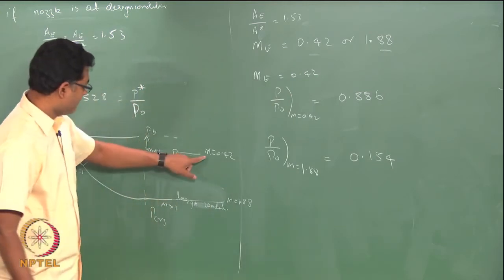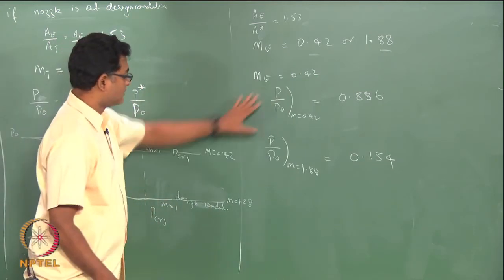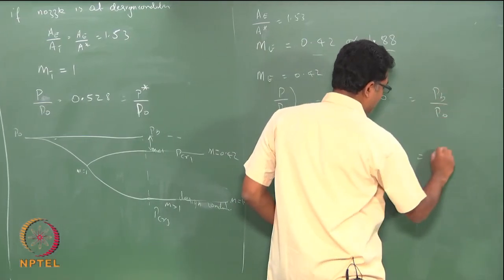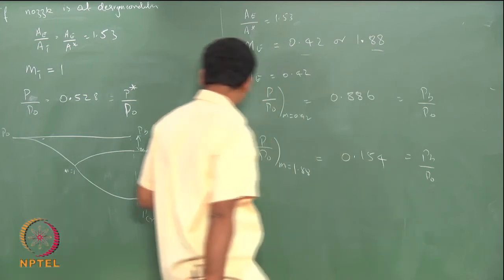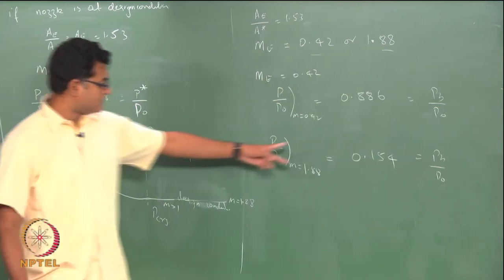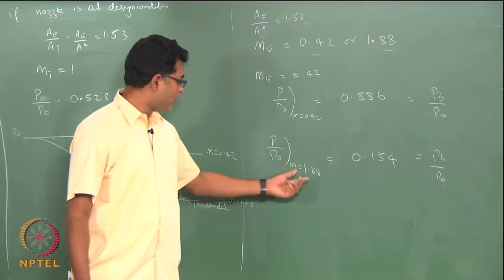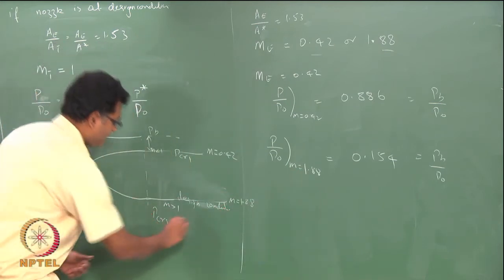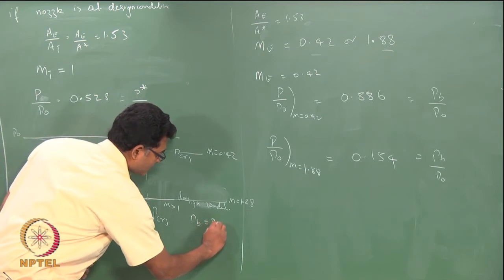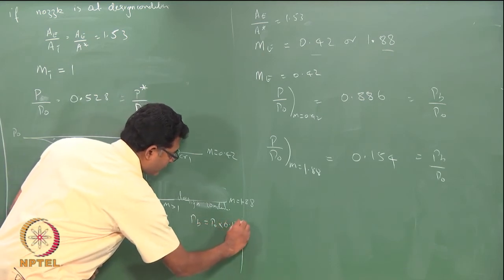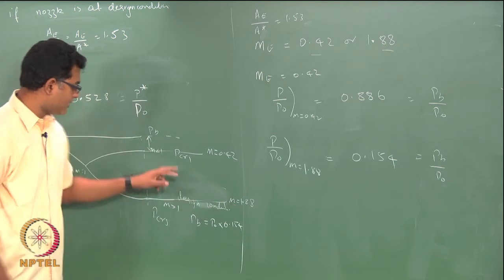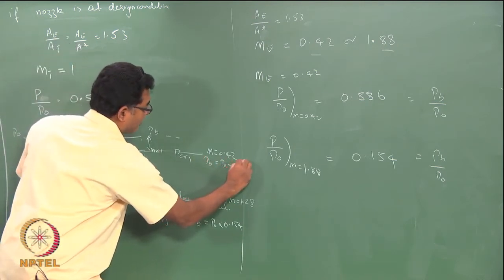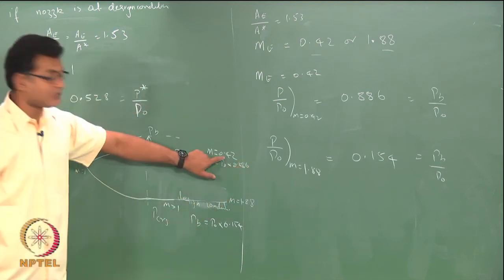If my PB by P0 is this pressure, I am going to get this Mach number, which is 1.88. So, if my PB is equal to P0 into 0.154, I get the supersonic Mach number, or if my PB is P0 into 0.886, I get the subsonic Mach number.